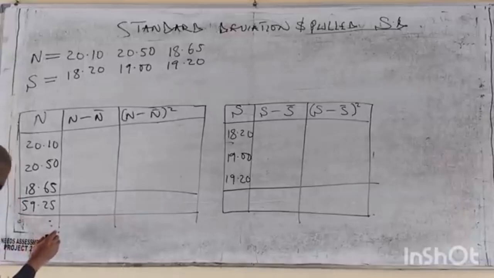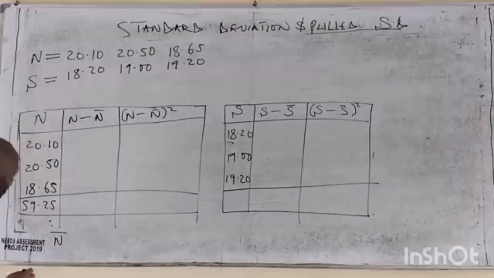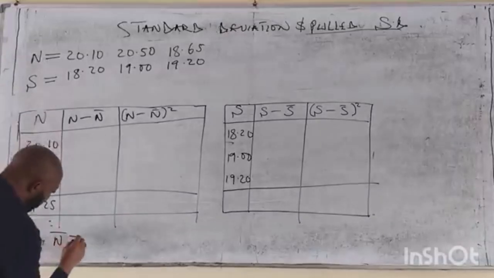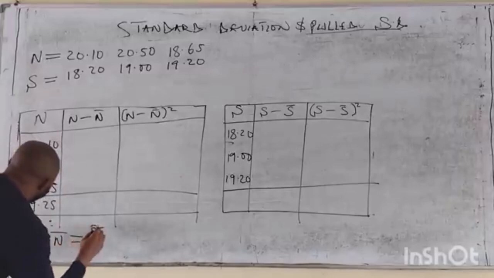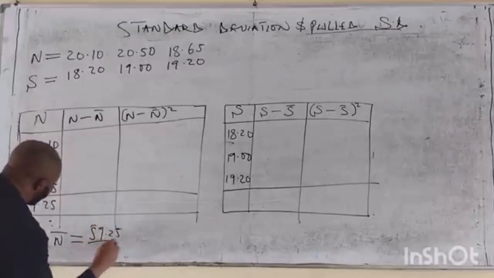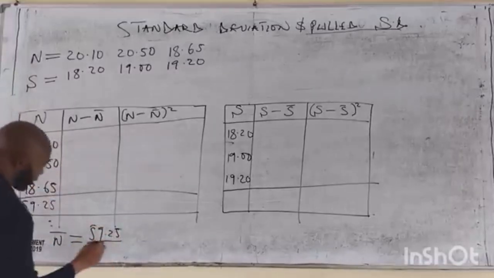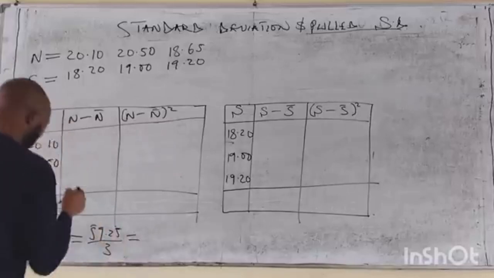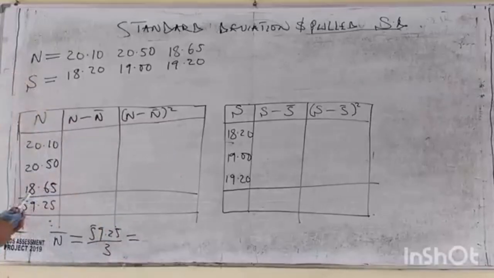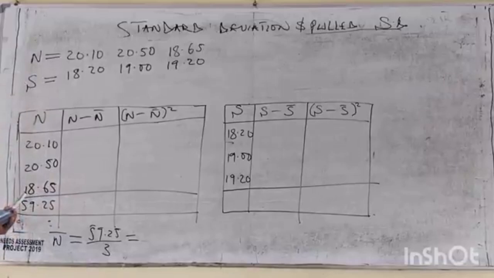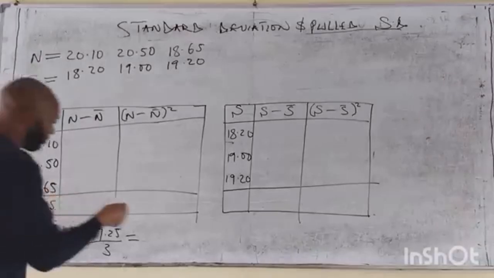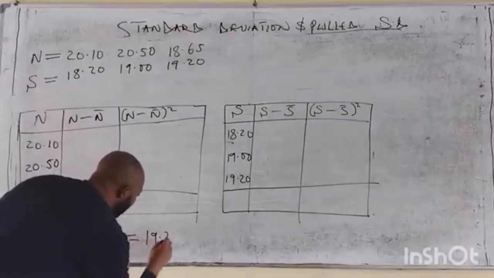Our n bar, which is the mean, will be 59.25 divided by 3, which is 19.75.